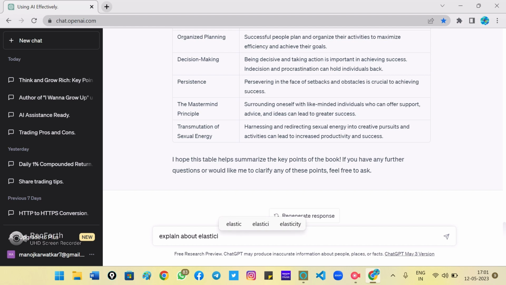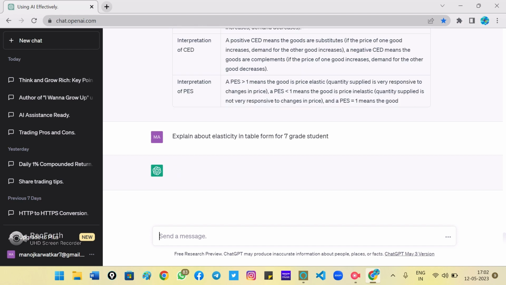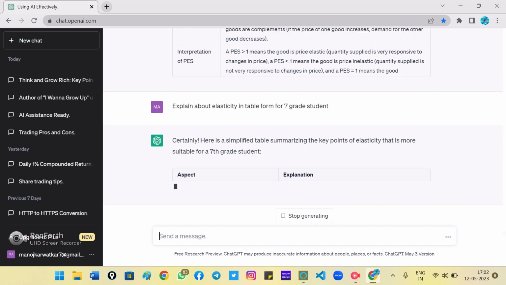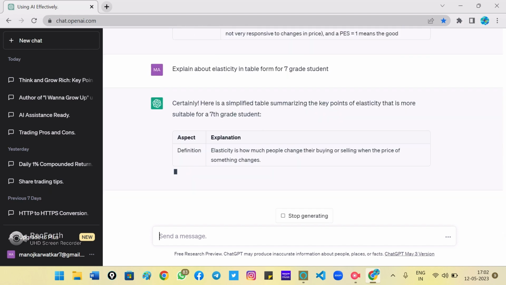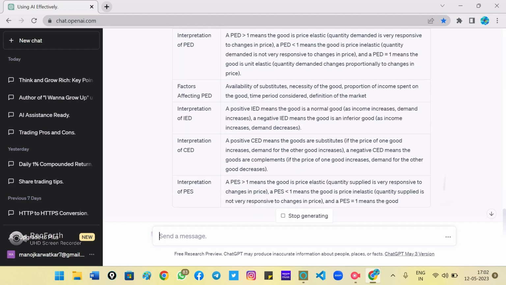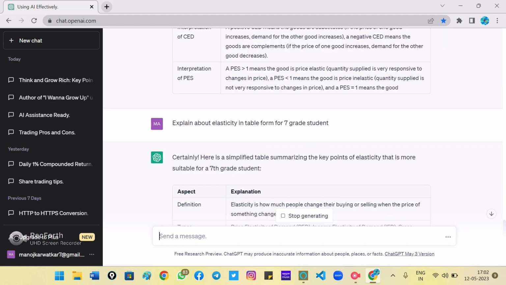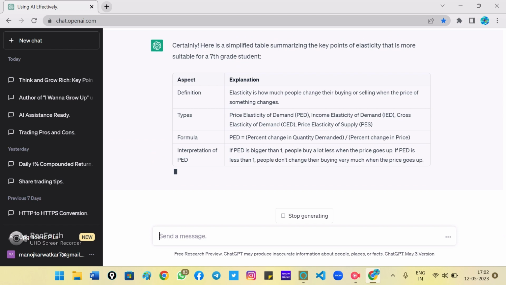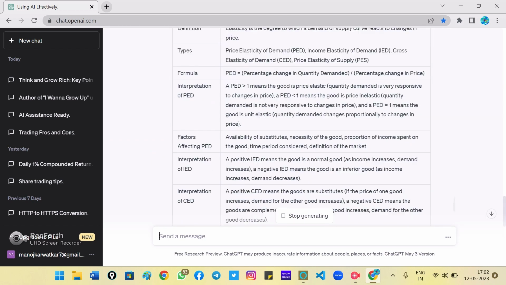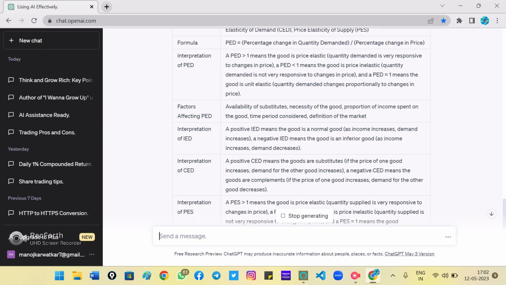Elasticity in tabular form or table form, that is okay. See, elasticity: definition, type, formula. Okay, you can ask any question about mathematics too.